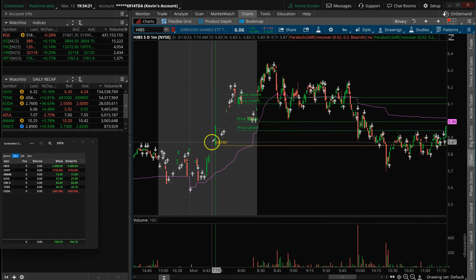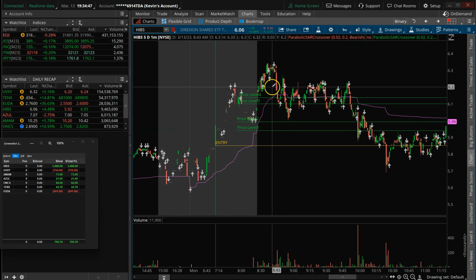So after we entered HIBS, it entered right on the spike, and that's when the pattern was set up. Einstein started calculating several levels. These are the 4 different levels. So basically the way I trade is, once I get an entry and the pattern gives me a very specific entry point, then Einstein will tell me where I can go ahead and take my profits.